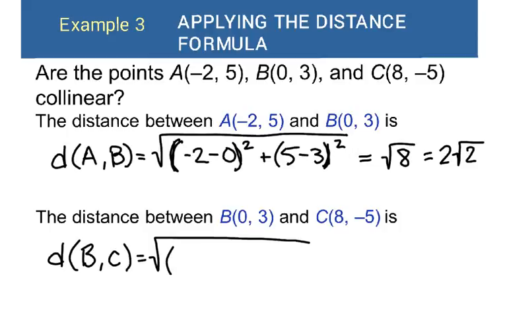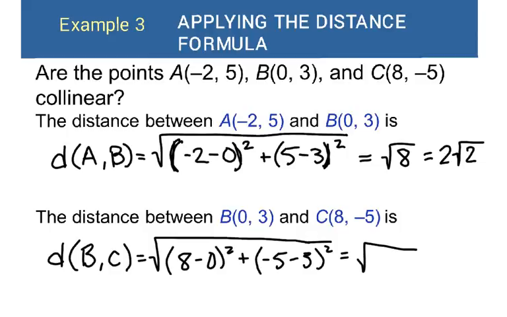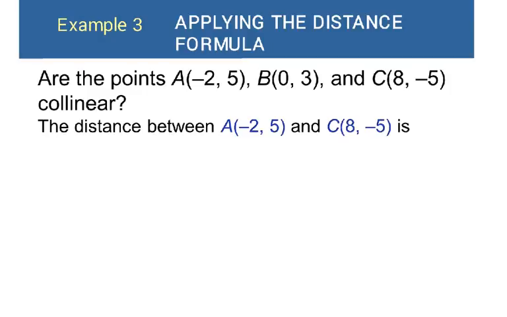I'll do the same thing for the distance between B and C. We have 8 minus 0 squared plus negative 5 minus 3 squared. So we got 64 plus 64 is 128, which equals 8 square root of 2. Alright, next one, we're going to figure out the distance between A and C. Here we go.